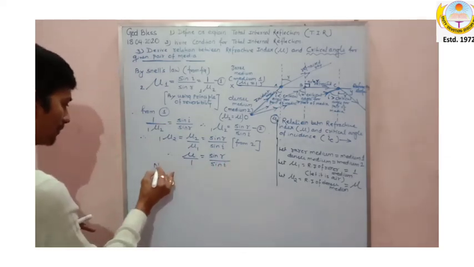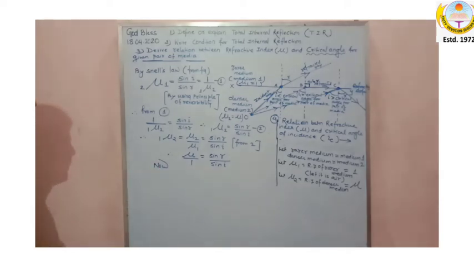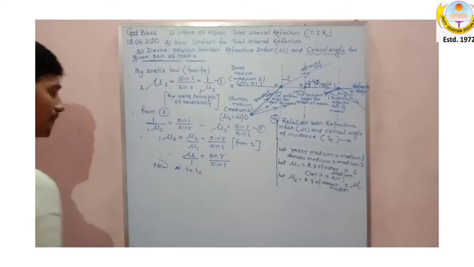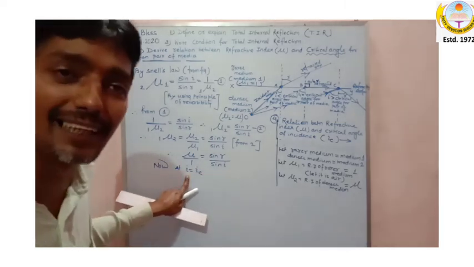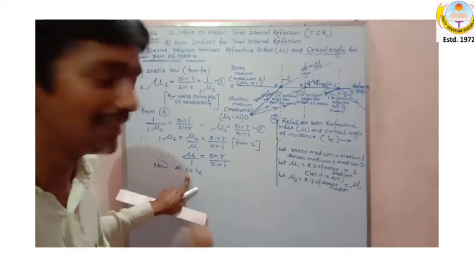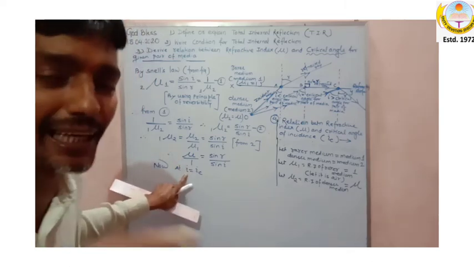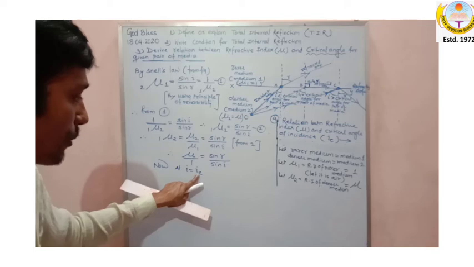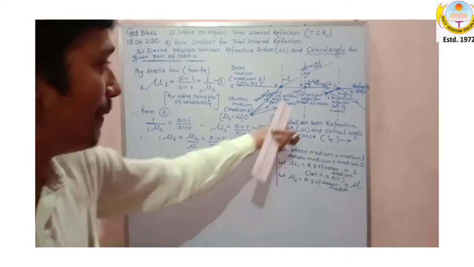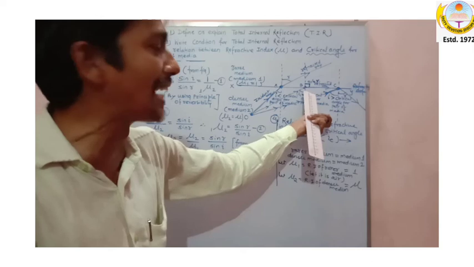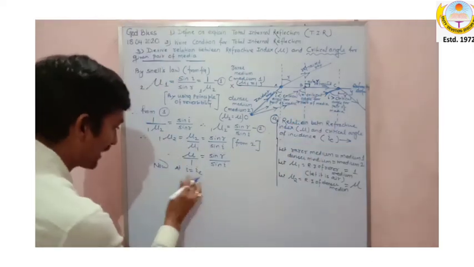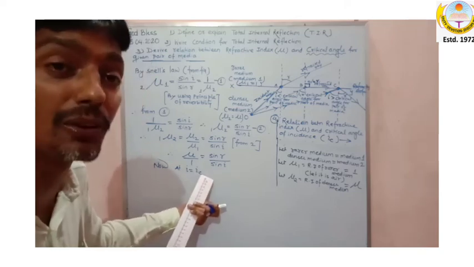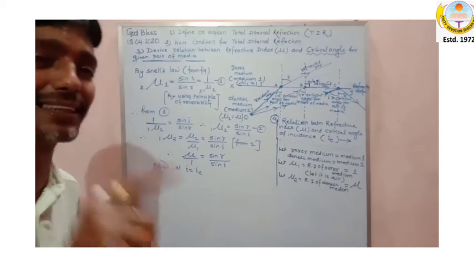Now, my dear, when the angle of incidence I becomes equal to the critical angle, I have taught this, it is no longer just an angle of incidence, that angle of incidence becomes equal to the critical angle of incidence.